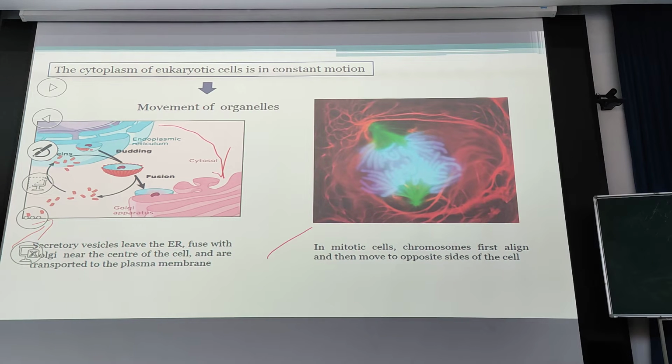And second, in mitosis, I think some of you have prepared about mitosis, and you have already studied it in high school. In mitosis, the chromosomes lie in the middle of the cell, and then they are pulled toward the opposite poles of the cell. All of these activities are also helped by the cytoskeleton.